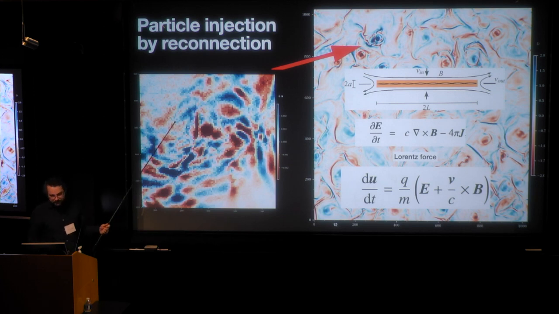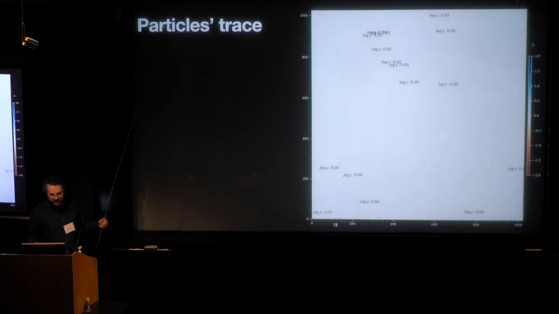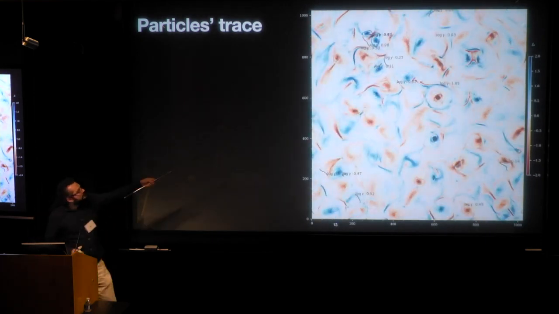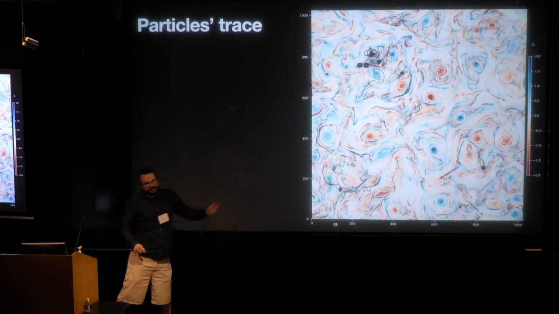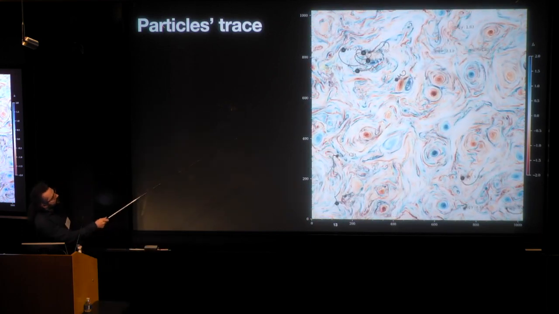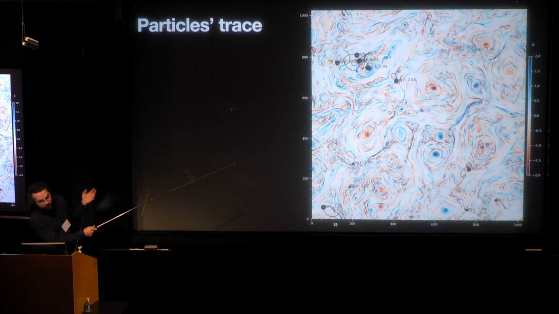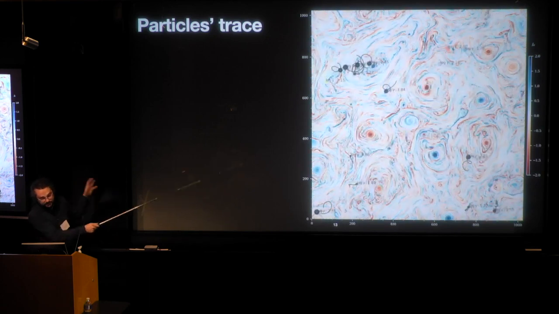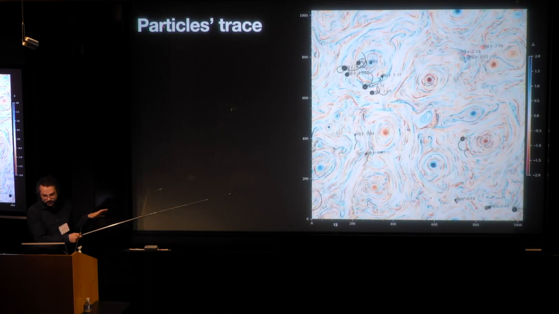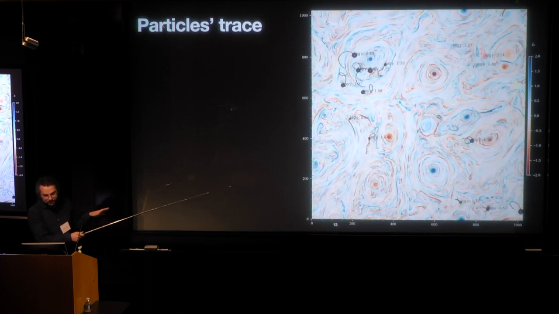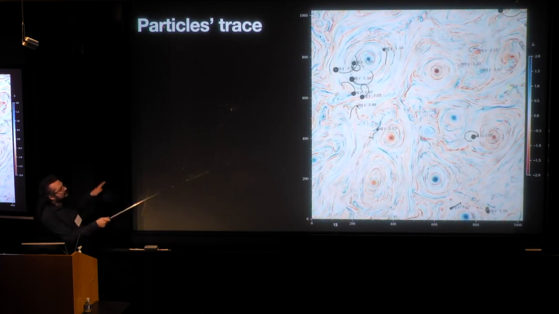And that's how the particles are so-called injected into the turbulence. So let's follow those. For example, we see that in this region that I was focusing on, particles appear. The larger the particle, the more energy it has. The size is proportional to the logarithm of the energy, the Lorentz factor of the particle. So if the particle is lucky, it gets energized.